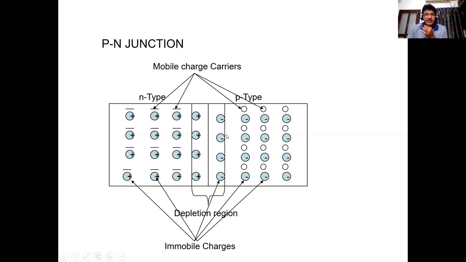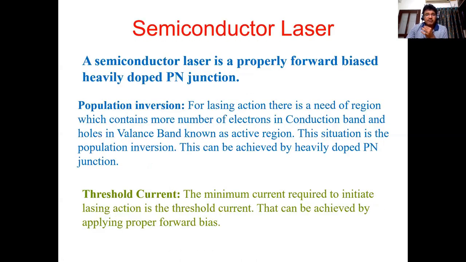Even in a heavily doped PN junction, electrons and holes are not available in the depletion region because the system is in equilibrium, so we have to apply some external bias. When applying forward bias, these excess carriers are injected here, they recombine and give radiation. That's why finally we can say a semiconductor laser is a heavily doped, properly forward biased PN junction.